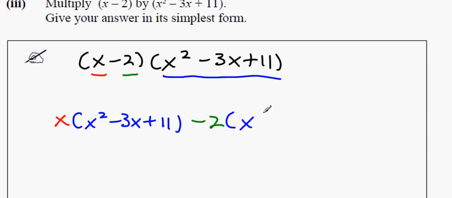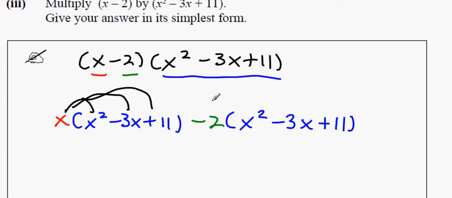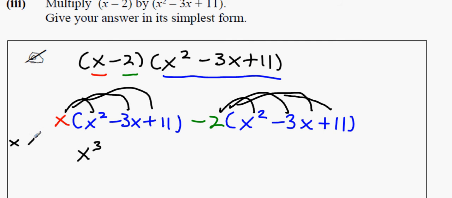Okay? Now all we've got to do is just multiply these out. I'm sorry, this one goes here. Okay, so what happens is x by x squared is x cubed, because you're multiplying x by xx, which gives you xxx, which is x cubed.